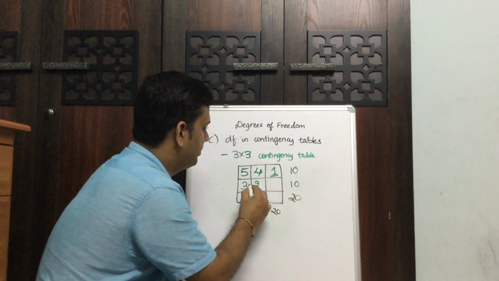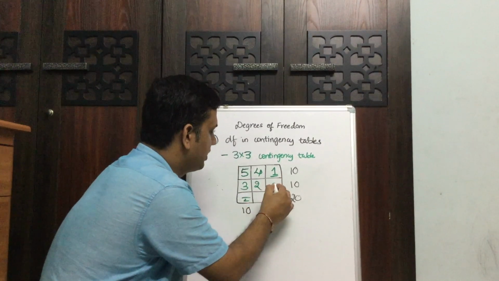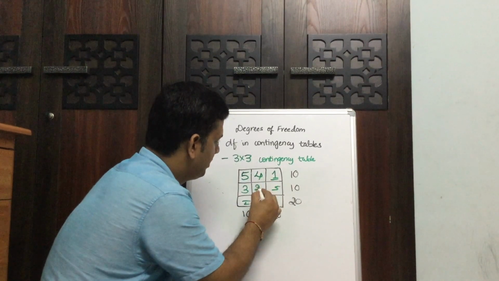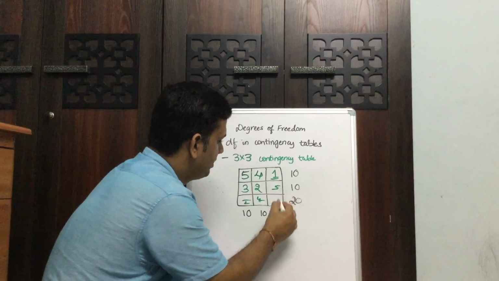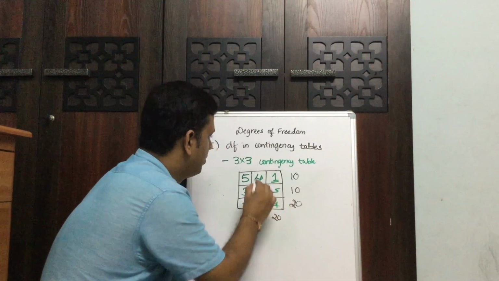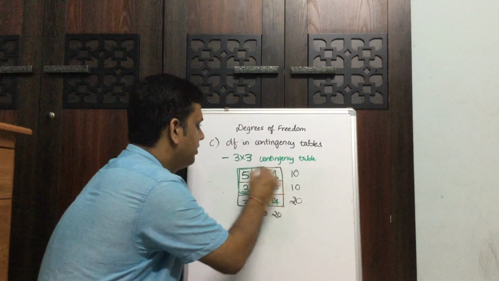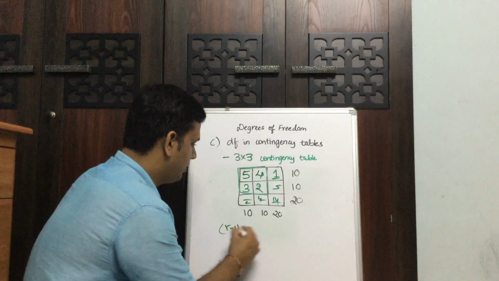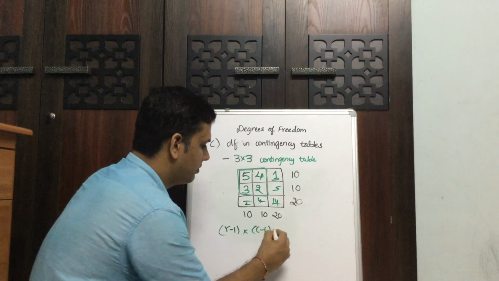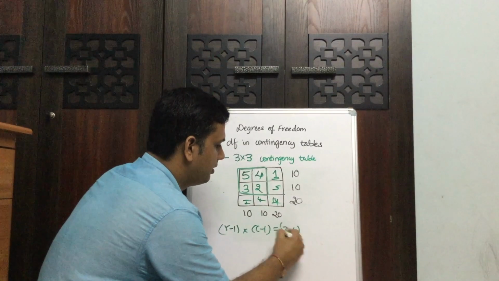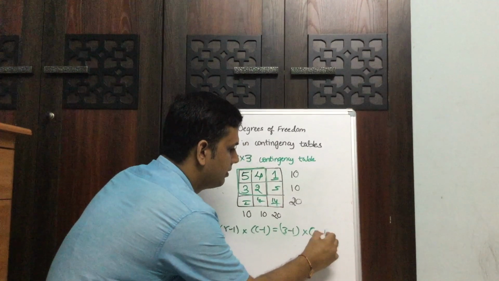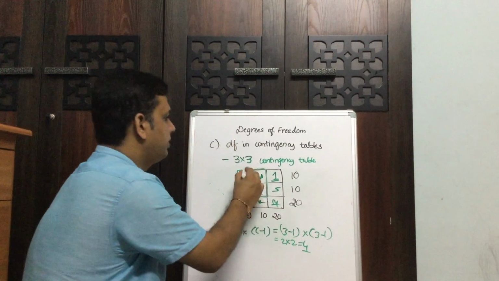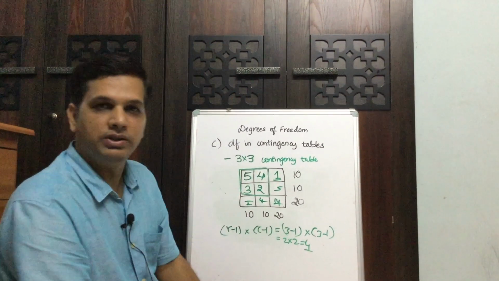This, let's say I fill with 3, 2. This again I have to fill with 5. This I have to fill with 4. This 14. So degrees of freedom in this case is 4, which is same as r minus 1 multiplied by column minus 1. In this case 3 minus 1 into 3 minus 1, that is 2 into 2, that is 4. So 4 degrees of freedom in case of a 3 by 3 contingency table.